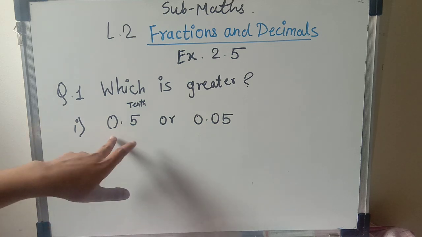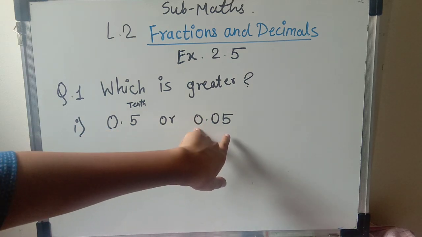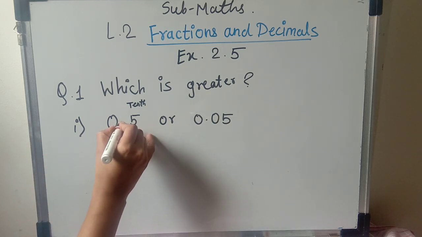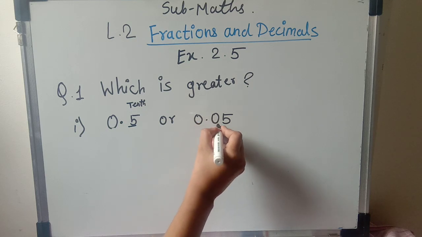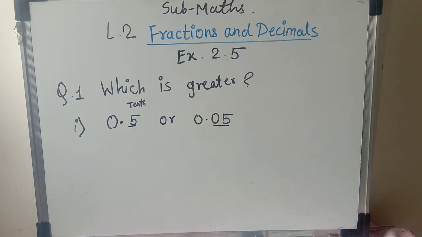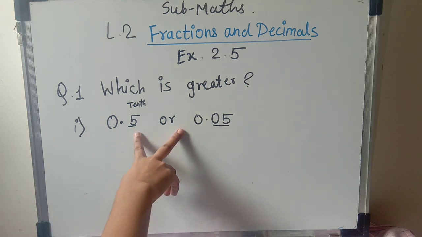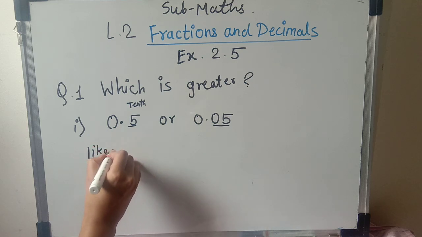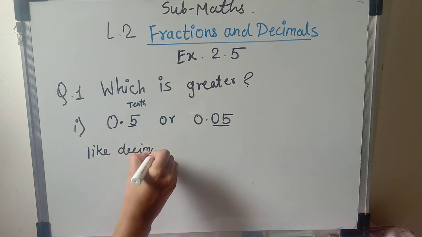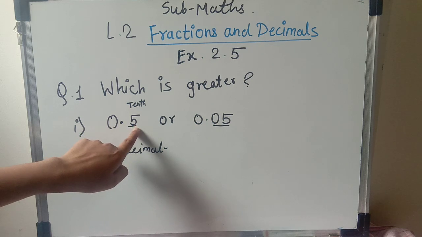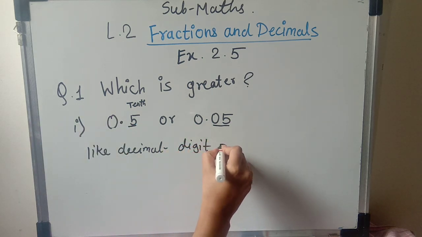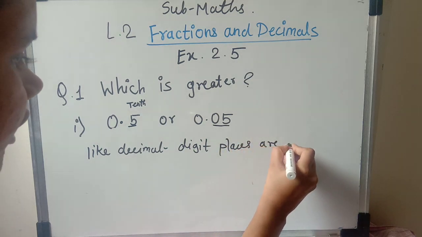But here, after the decimal only 1 digit is there, and here after the decimal 2 digits are there. So first of all, you can make both of them like decimals. What is a like decimal? We learned in the last session, in like decimals the number of digit places are equal, meaning the tenths, hundredths, thousandths places are equal.